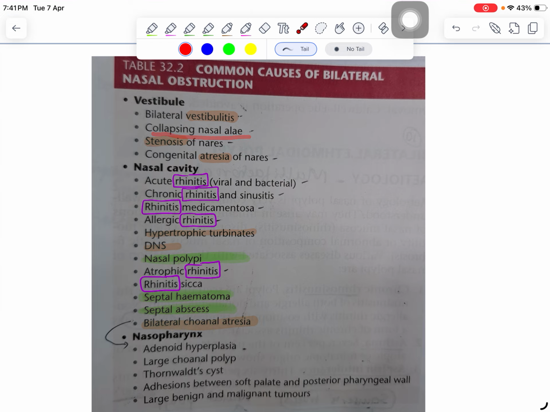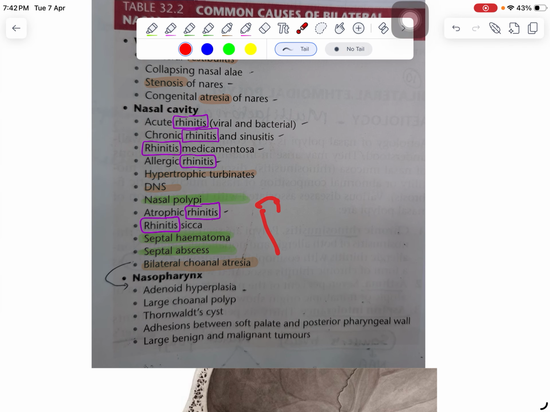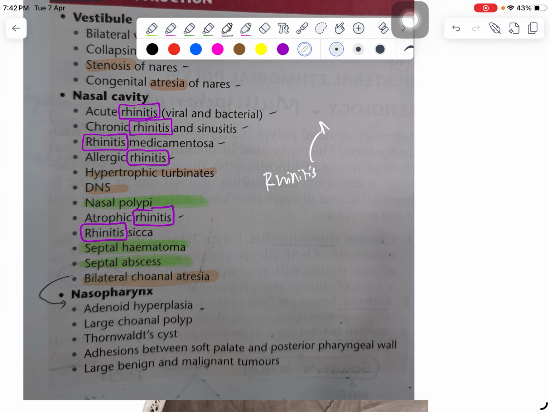Okay, now coming to the specific extras. In vestibule you have to remember extra: collapsing nasal alae. Then in the nasal cavity, you have to just remember one word, rhinitis. Whatever comes to your mind associated with rhinitis, you just keep: acute rhinitis, chronic rhinitis, rhinitis medicamentosa, allergic rhinitis, atrophic rhinitis, rhinitis sicca.